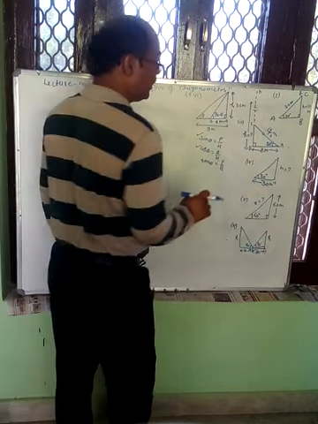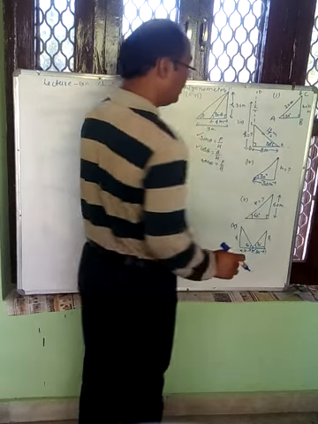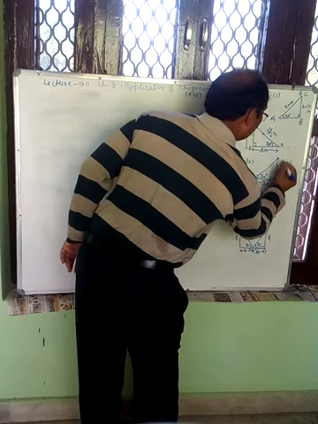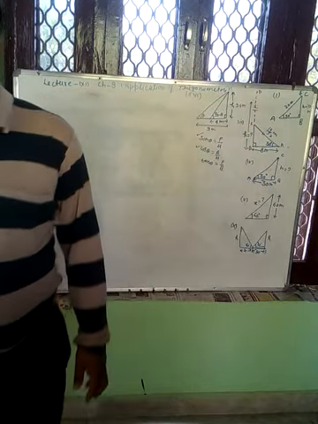If this is the point here, this point is A, this is point B, this is point C, and this angle is equal to 90 degrees.